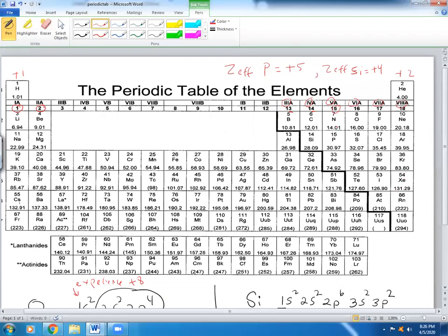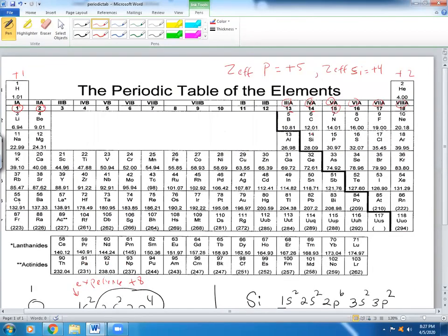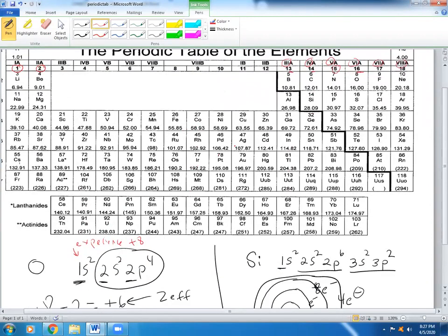Oxygen, we just did it, and we got plus 6. Here it is, 6, or this digit. So that's a quick way. But of course, I spent time going over the theory because this is very crucial. In fact, some of the terms that we're going to see later are actually based on this.